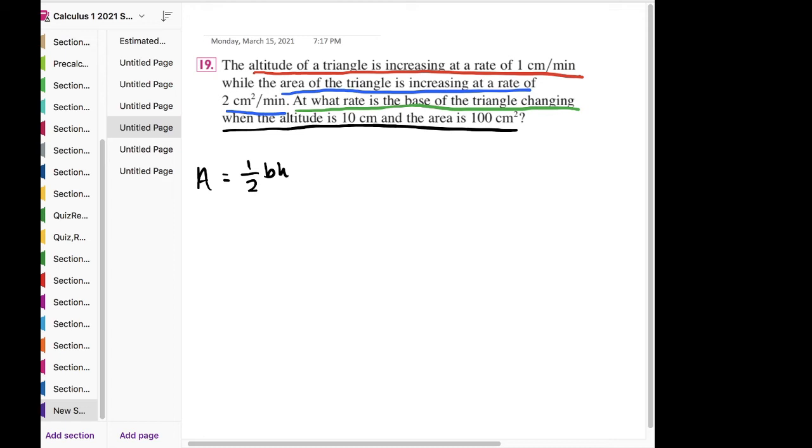So I'm going to let h be the altitude, for height. Yes, the derivative of h of t.